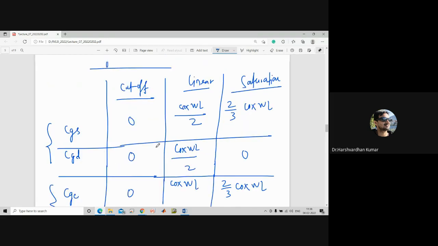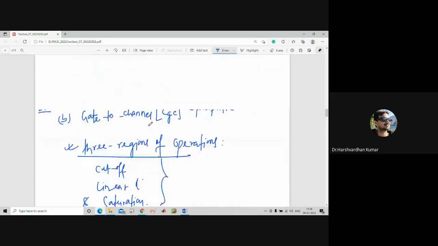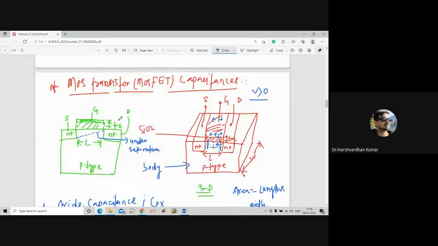Okay. Now one more thing we have to observe here: whenever we draw the structure, you can see there is no overlapping of the oxide layer with the drain side and the source side, right? There is no overlapping. So this is the ideal case. What will happen if there is overlapping of the oxide layer with the drain side and source side?